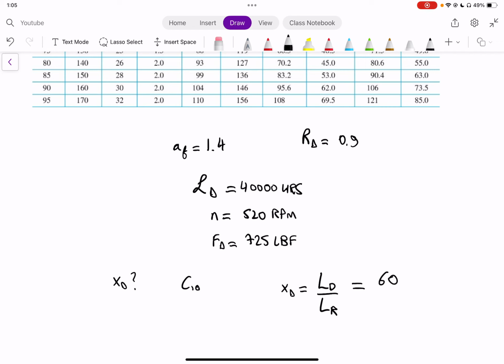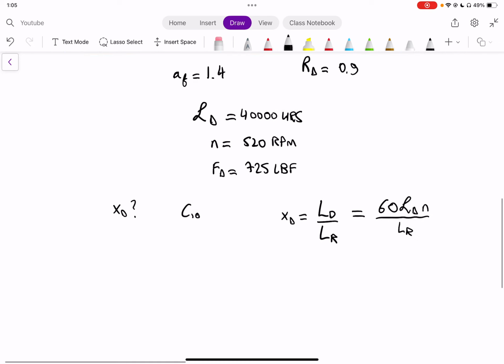So we can say that it's 60 times LD N divided by LR. And we know that our LR is usually 10 to the 6th. That's the usual rated life, or the life rated for any bearing that we're going to see in this application.